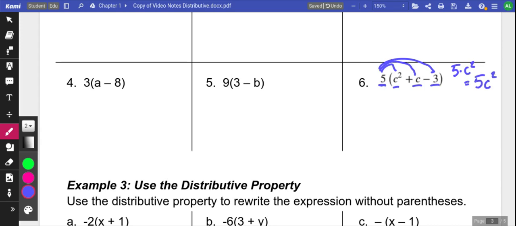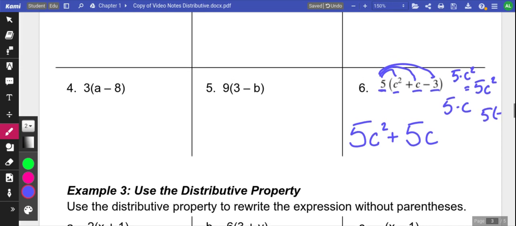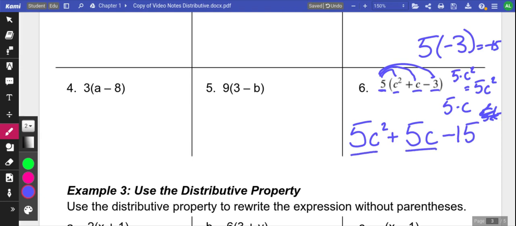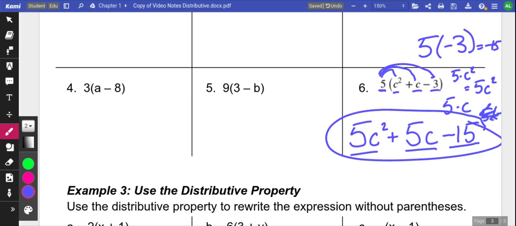That's going to be 5c squared. 5 times c is going to be 5c. And then 5 times negative 3, I ran out of room. 5 times negative 3 is negative 15. So I'm going to have this minus 15 right here. These aren't like terms. It's the same variable, but not the same exponent. None of these are like terms. So we've simplified right here.